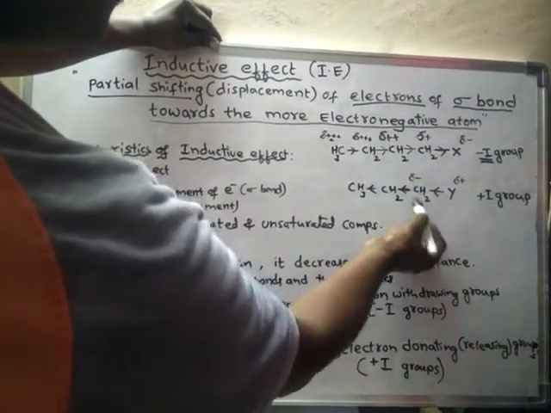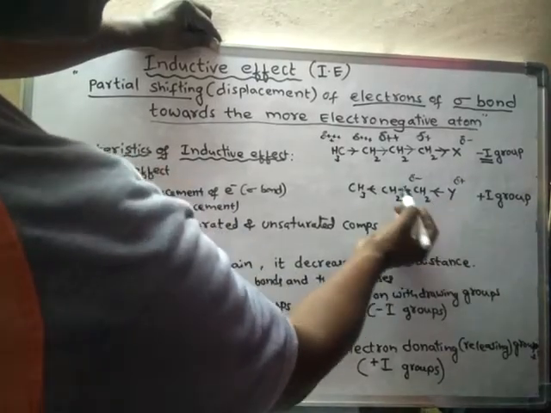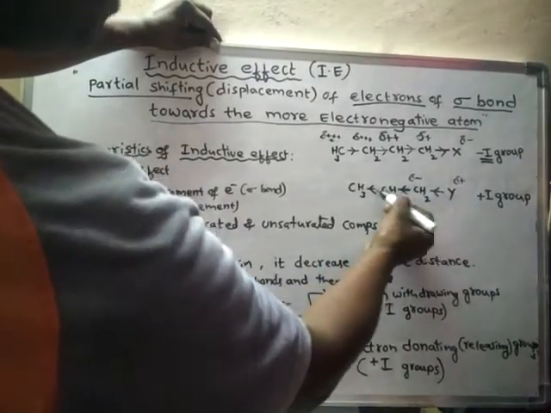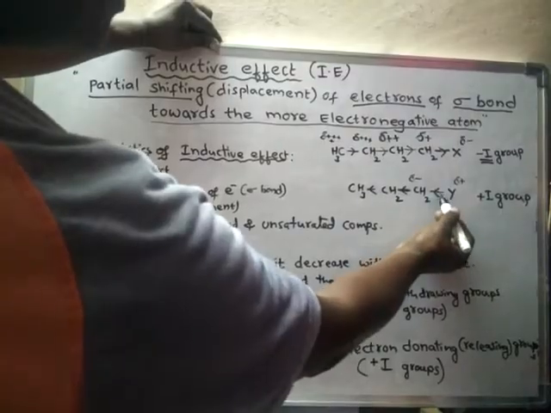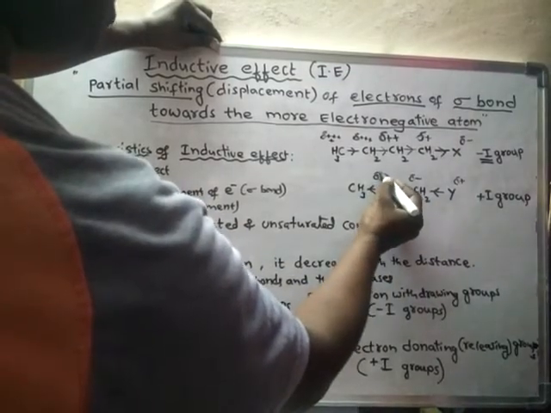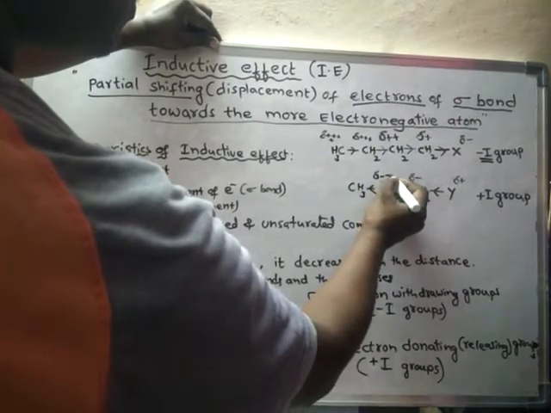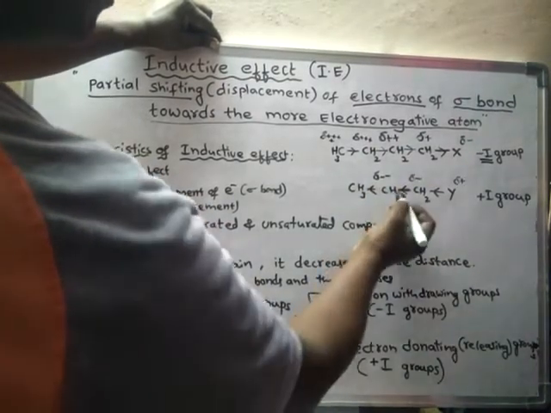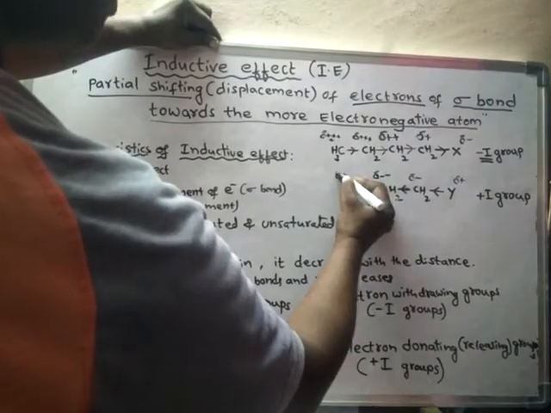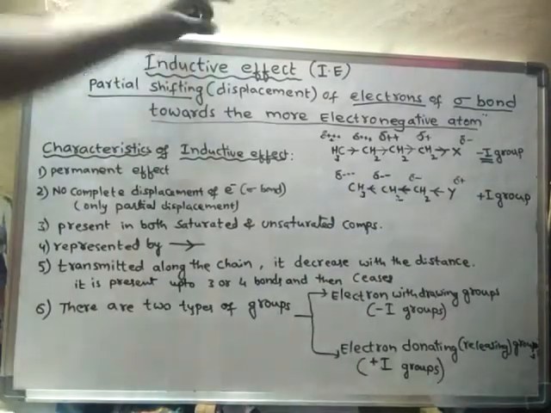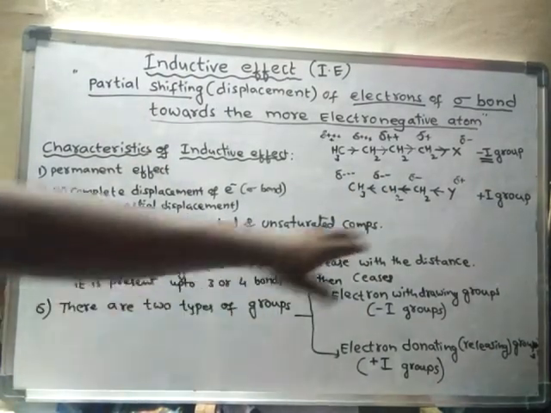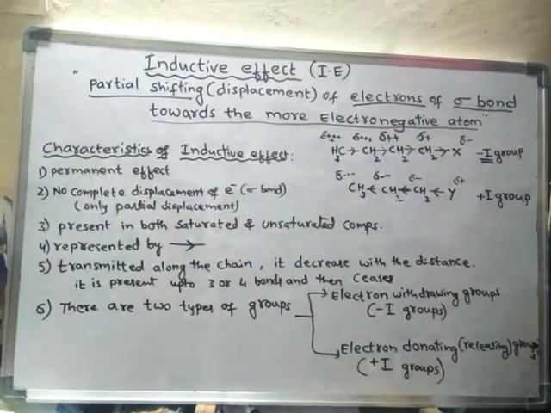Here the effect is felt less as we move away from this center. So the effect decreases gradually. Up to three or four bonds, this effect is felt.